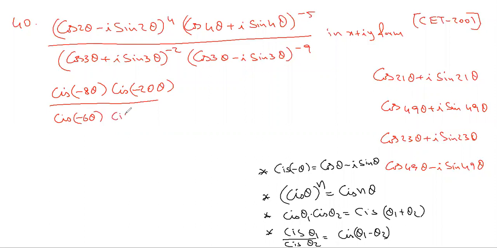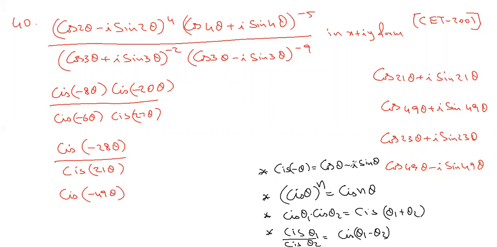And this is cis of minus 3 theta into minus 9, 27 theta. So this is cis of minus 28 theta in the numerator, and the cis of the 21 theta in the denominator, and the cis of minus 28 minus 21, minus 49 theta, which is given in the fourth option. Cos 49 theta minus I sin 49 theta.